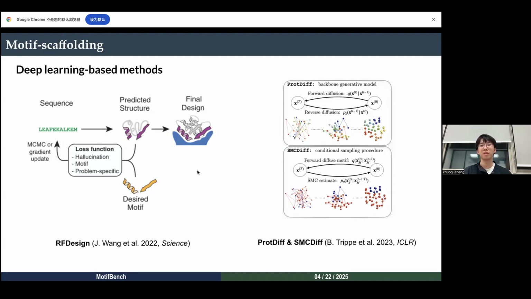So both of these methods have already produced some successful motif scaffolded proteins, and many of them are already being experimentally validated. And most of all, with the advancement of deep learning techniques, we can get a huge bunch of candidates to be selected for downstream applications and wet lab experiments.